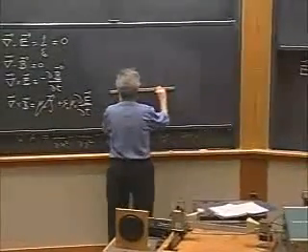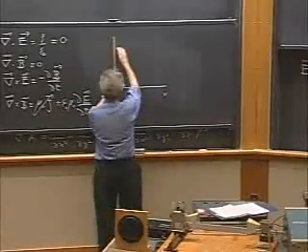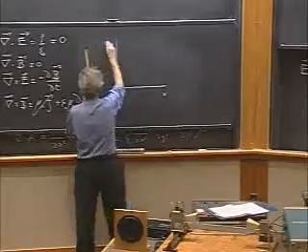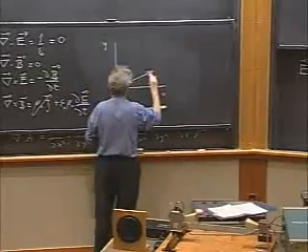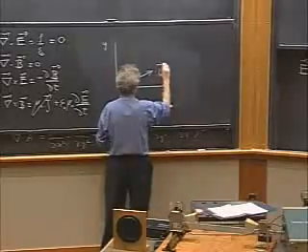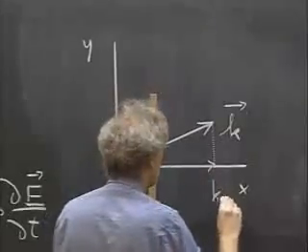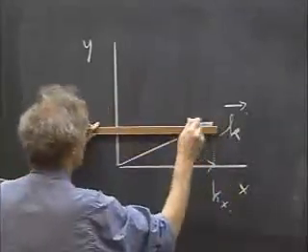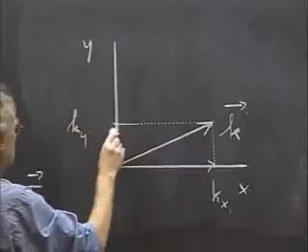So I have here the x direction, and I have here the y direction. And here I have the k vector, and so this is kx, and this is ky. It's a vector.